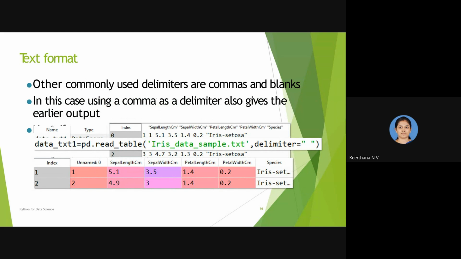Suppose you want to give the delimiter as a space, meaning each and every value is separated by a single space. You can give it as a delimiter like this. Instead of a tab, you can simply give it as a blank space. So while considering this data, it will consider it like this table only.